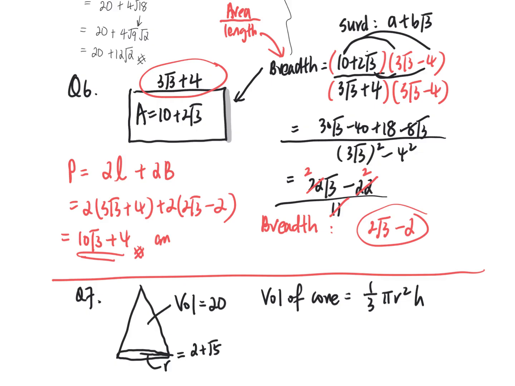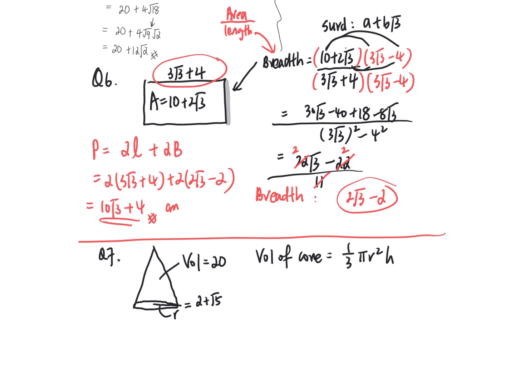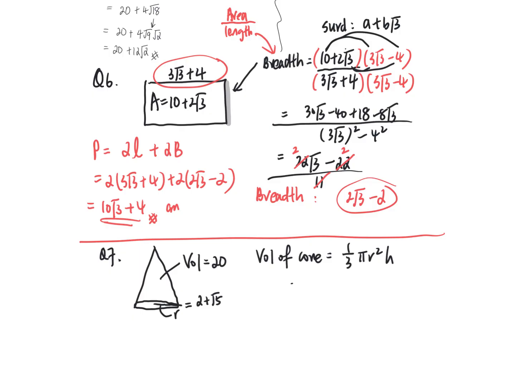Formula given on the first page of your exam for E-math. A-math not given. Okay, so volume is 20. If you divide by 1/3, it's the same as multiplying by 3. Keep change flip, right? So this is multiplying by 3. So this is gone. The 1/3 is gone. Divide by the pi and divide by r squared. So this is how you get h.